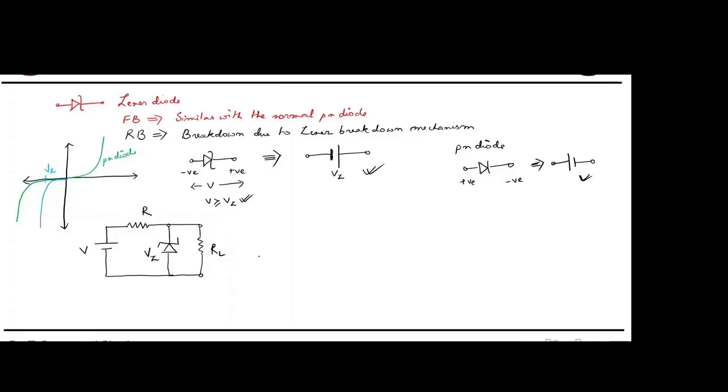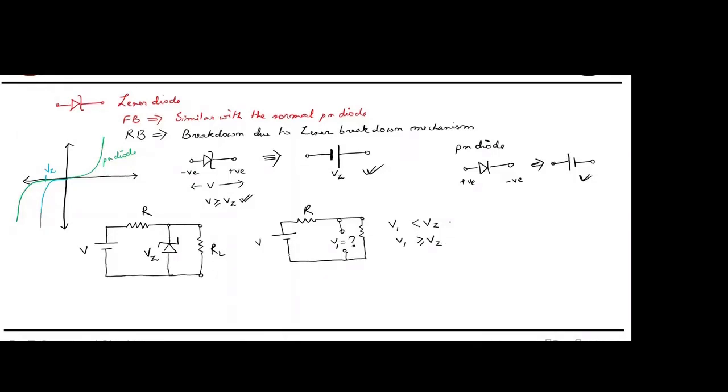So what you have to do is remove the Zener diode. This is the proper way to do it. After removing it, you calculate this voltage, V1, and check whether V1 is less than Vz, or V1 is greater than or equal to Vz.